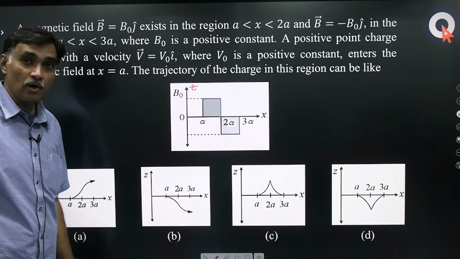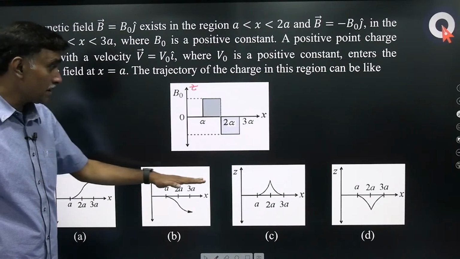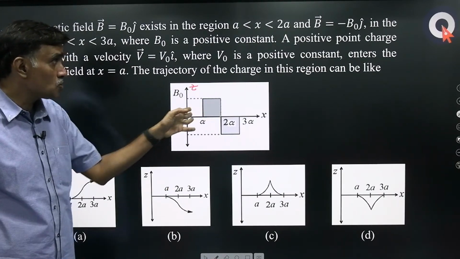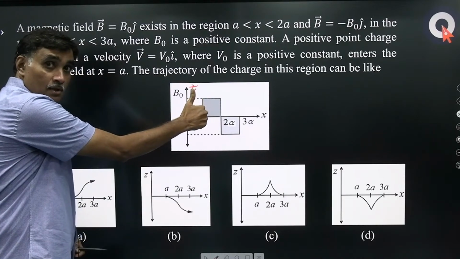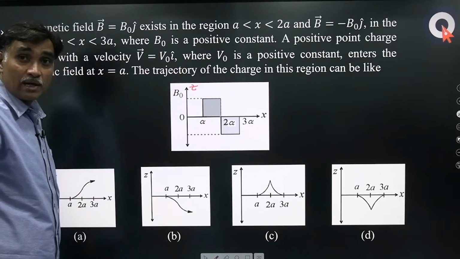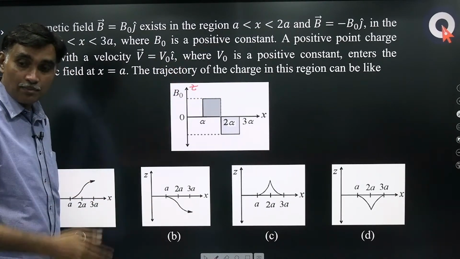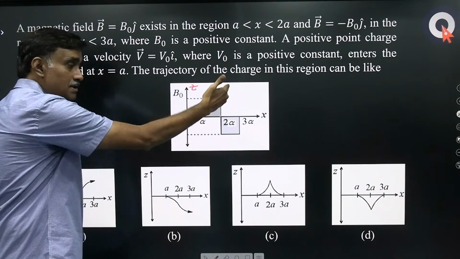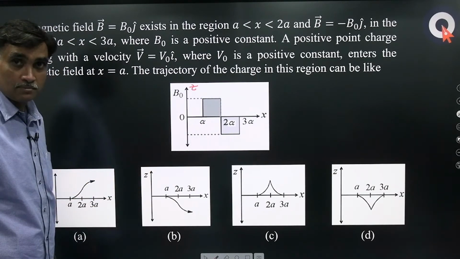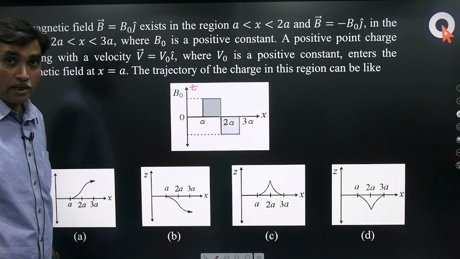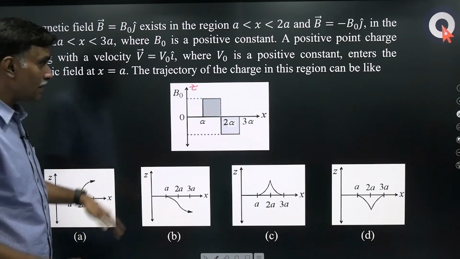Velocity is towards right and the magnetic field is going into the page, so force is upwards, and since it's a constant magnetic field, it moves along a circular path. So the path will be somewhat like this until it reaches 2A.